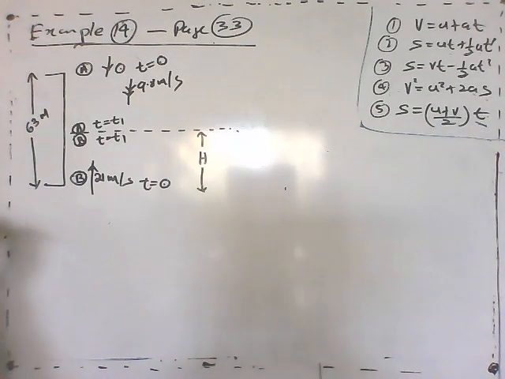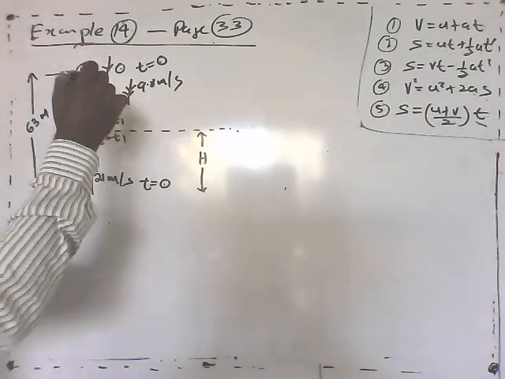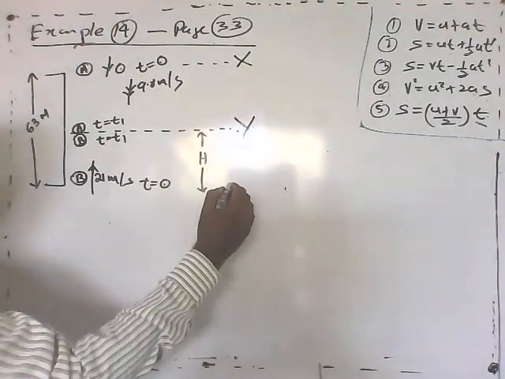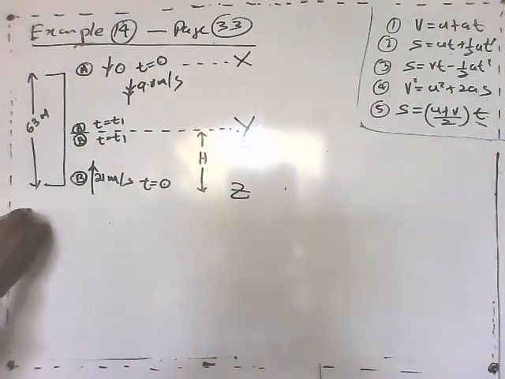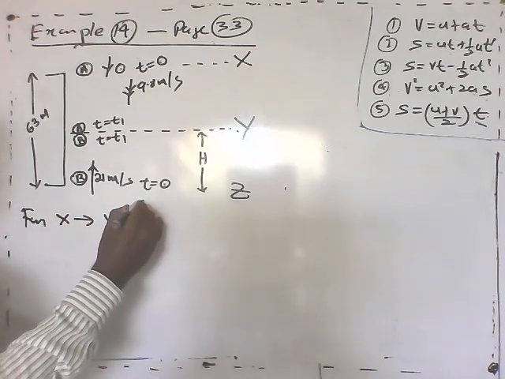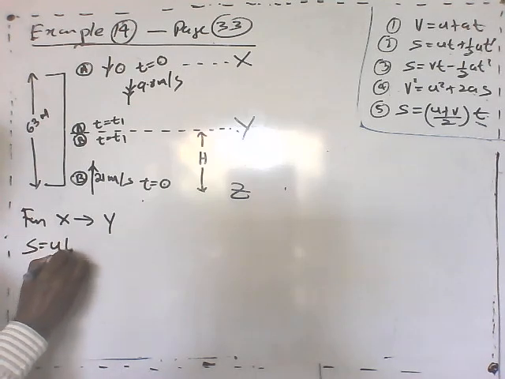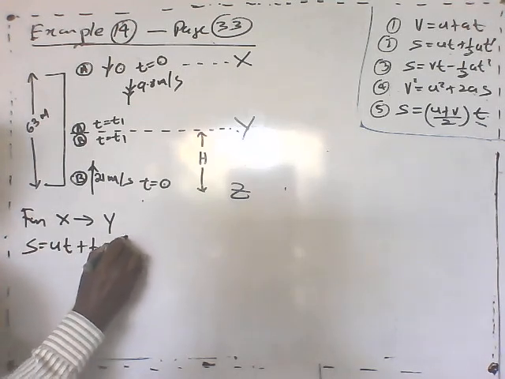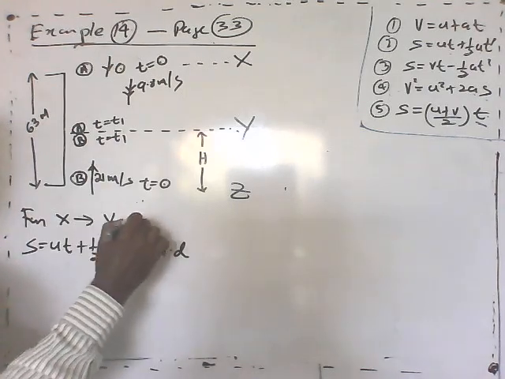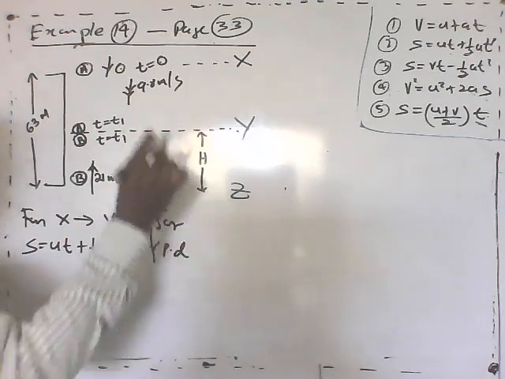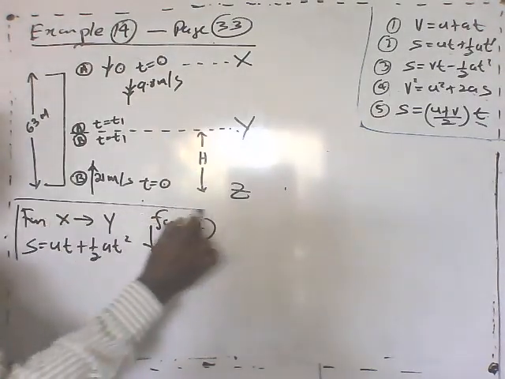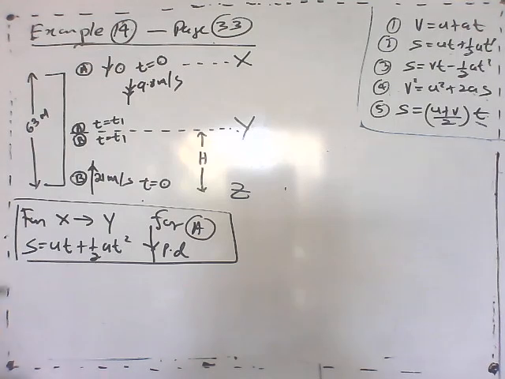So we will put these labels: here x, y, and z. From x to y downward, S equals ut plus half at squared, taking downward as the positive direction, for A. This is very important to test and check the value.